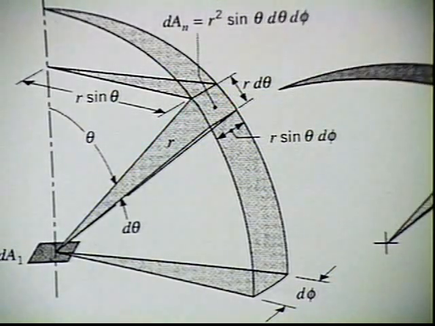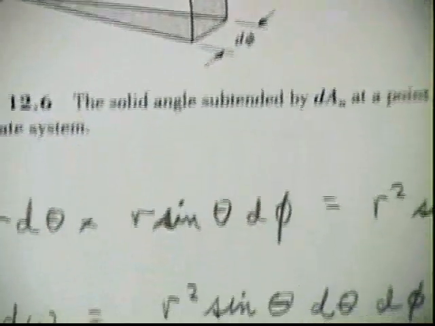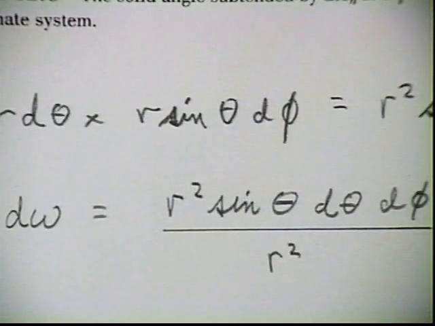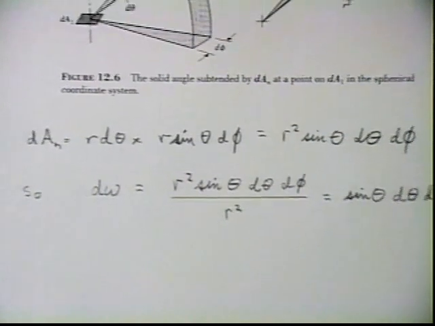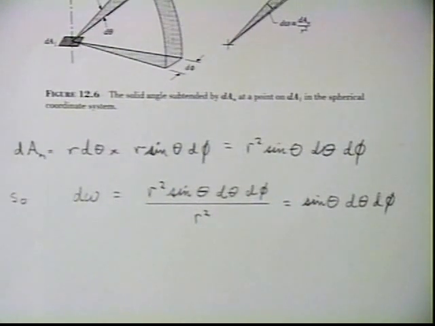That's our differential area. If I write it out at the bottom, dAn is equal to r d theta times r sine theta d phi, which is equal to r squared sine theta d theta d phi.